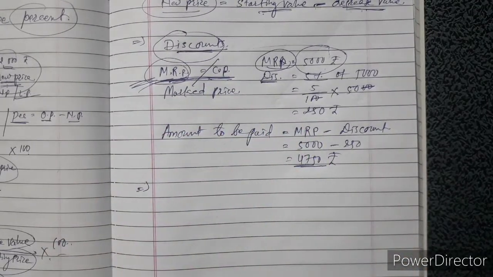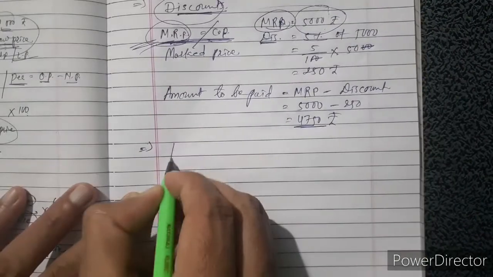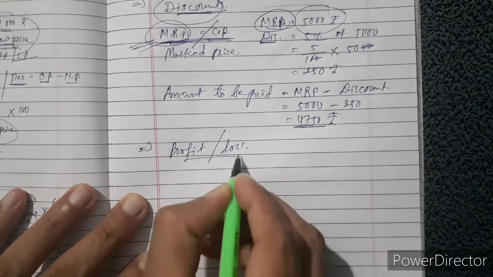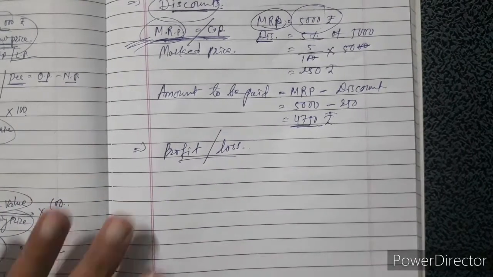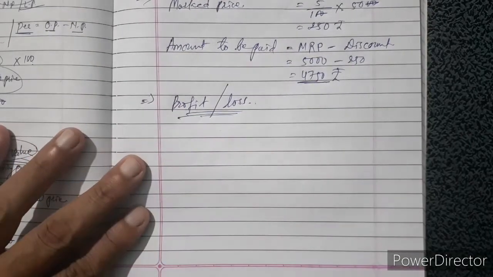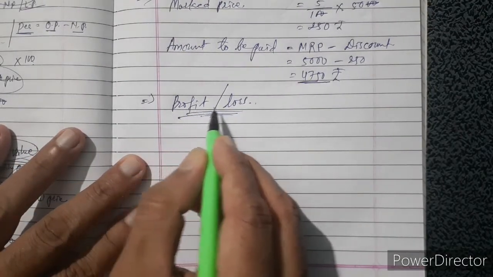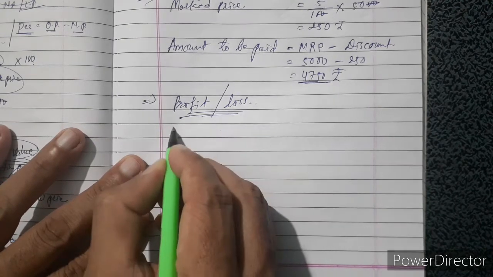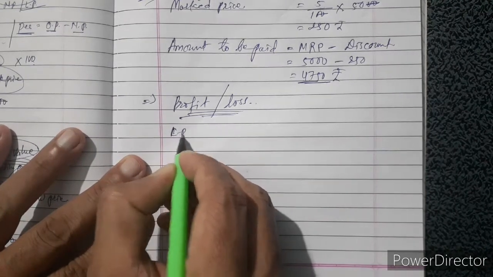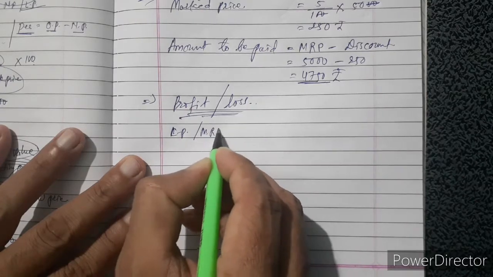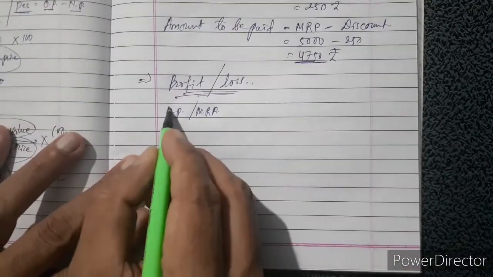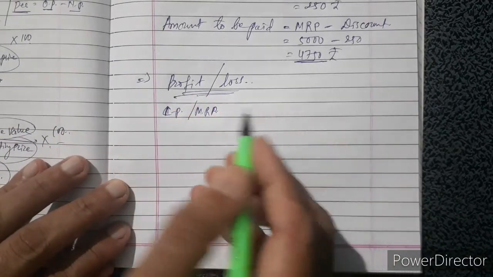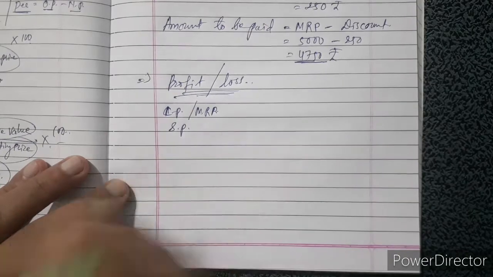Okay, and next one is profit and loss, in percentage. We are familiar with profit and loss. If you purchase some items, that is the cost price of that item, otherwise that is MRP. And the price at which you sell that one is called the selling price, SP.